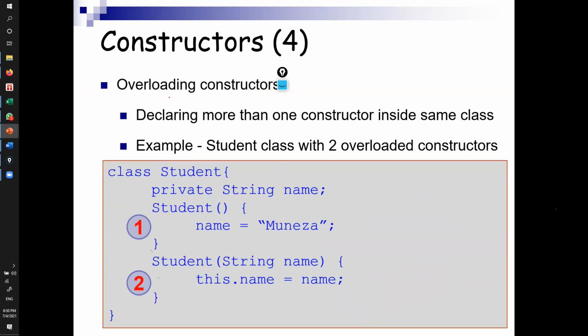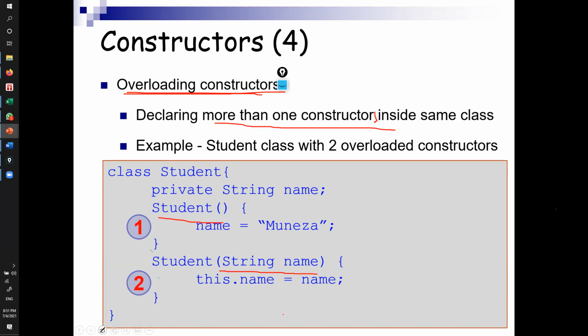As we discussed the concept of method overloading, also in terms of constructors, we can have what we call overloading constructors. What does it mean? You have more than one constructor inside the same class. Like this one, a constructor with no parameter, a constructor with one parameter.